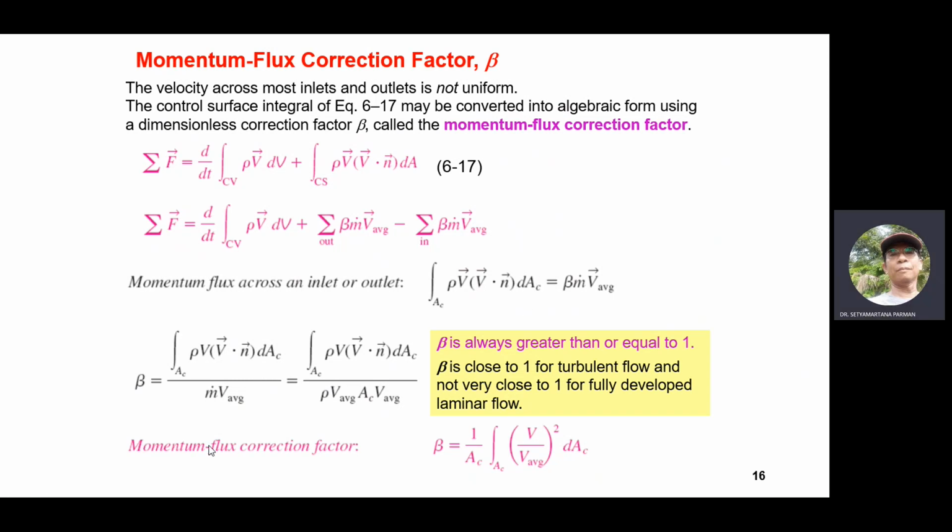And then the momentum flux correction factor beta from this expression can be simplified into 1 over Ac, integral over Ac of the square of V over V average, multiplied with dAc.